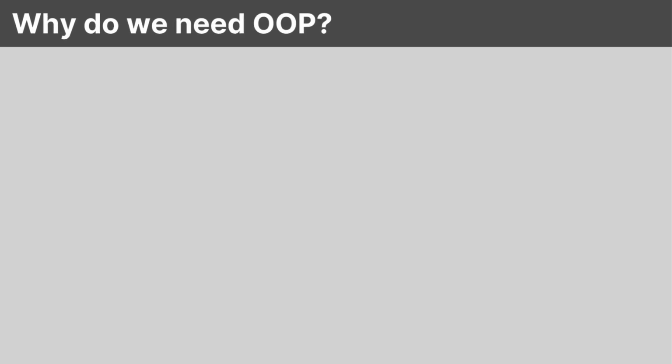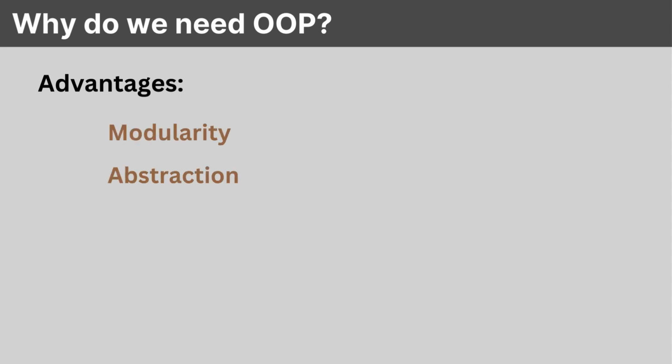Now you might be wondering, why do we need OOP and what are the benefits of using OOP over procedural programming? Well, there are several advantages of OOP, such as modularity, abstraction, and encapsulation.